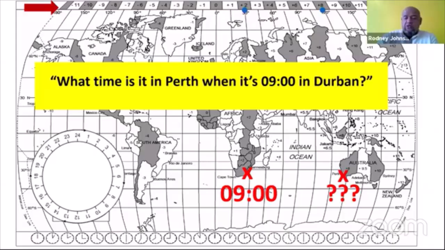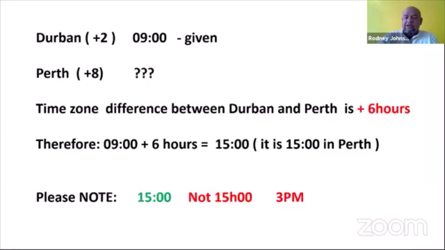Perth, right? So all we do now is we add the 6 hours to the 9 o'clock, and then we get our answer. There we see, this is basically the flow of your thought when you complete this calculation. Durban is on +2, we've allocated that. 9 o'clock was the given time.